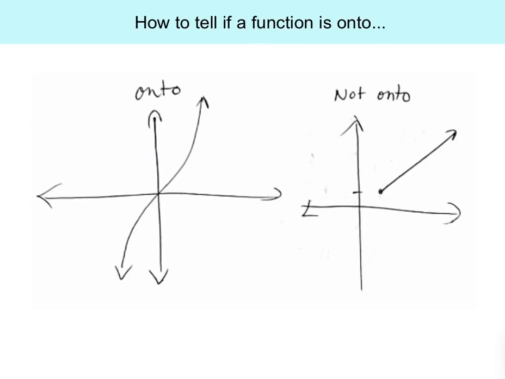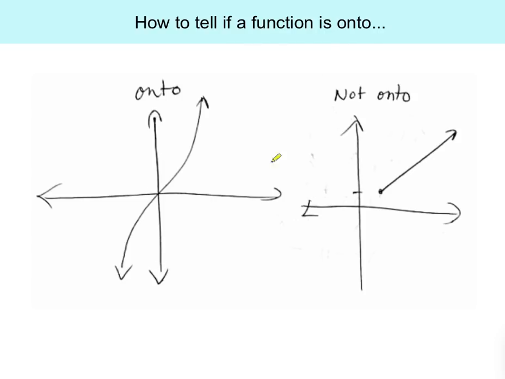Now, if I want to look at a graph and tell if it's onto, onto means I'm graphing everything onto the set in my range, excuse me.